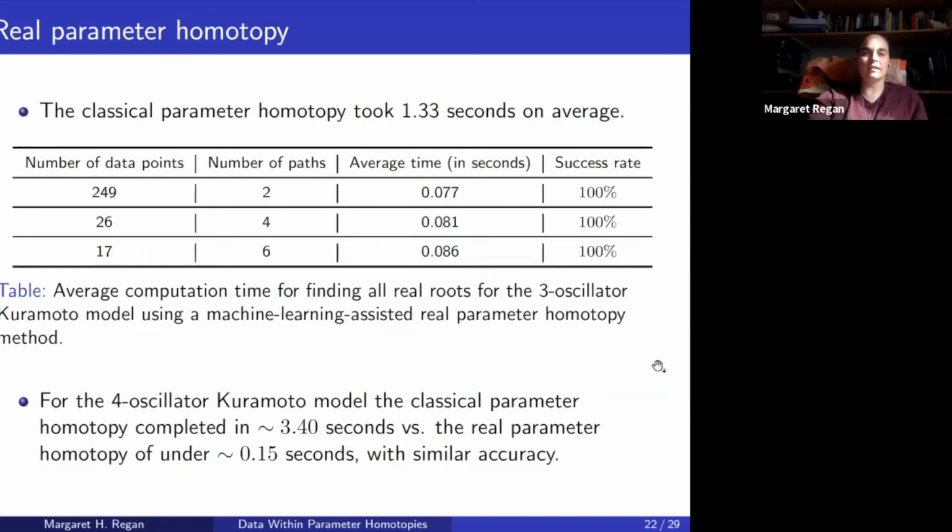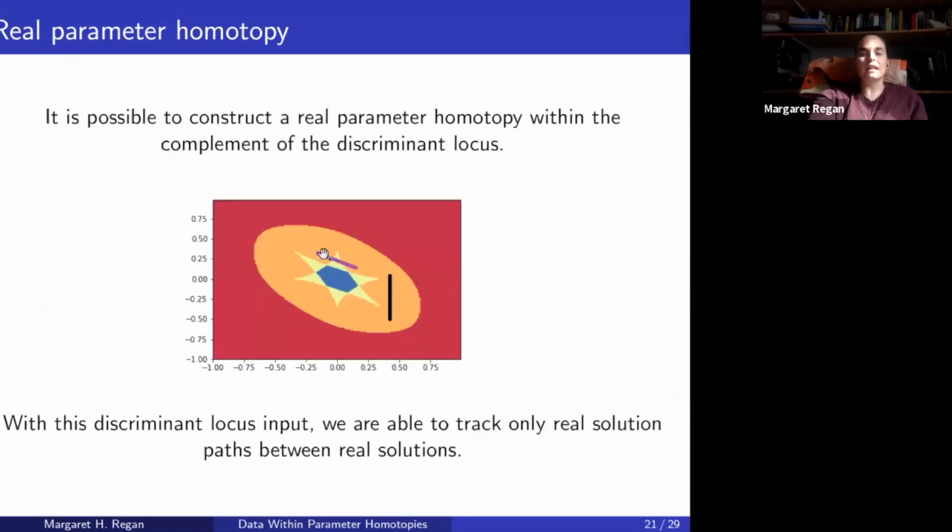And why I mention this success rate is that if we go back to this picture, you can see there may be a situation where you have a real point here and you ask what is the closest point that has the same number of real solutions, and you could cross over a different component of the complement of the discriminant locus, which would cause some singularity situations and disrupt your ability to do that path tracking.